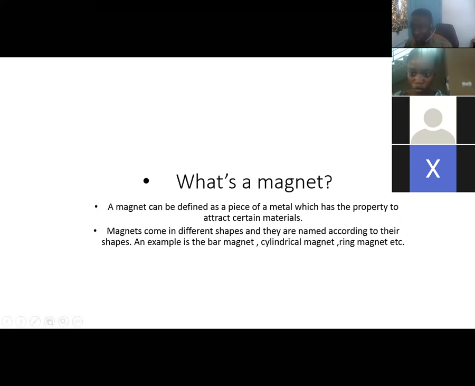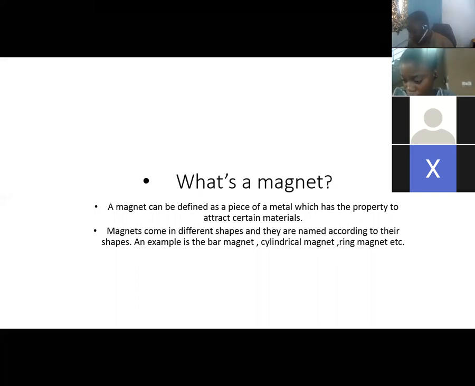Let me go to Sedinam. Sedinam, please, can you also help me? Do you have any idea about a magnet? Can you please tell the house what a magnet is?